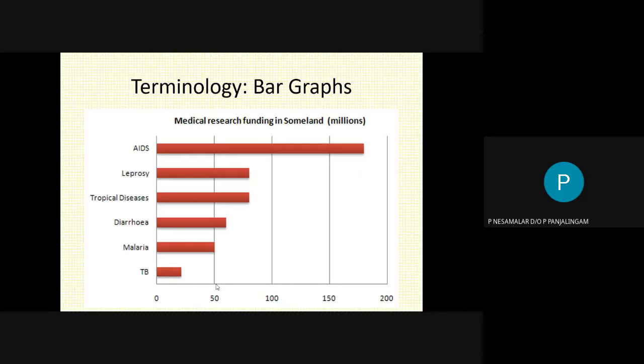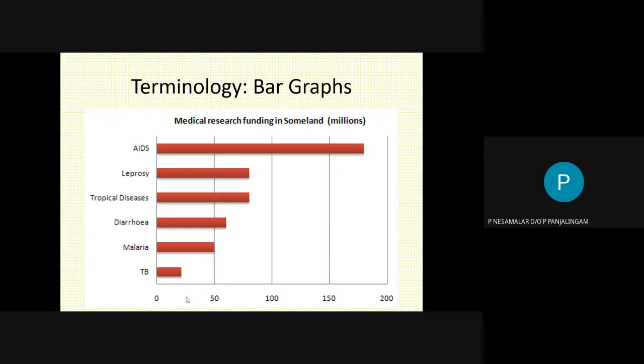If you just say 50 or 100, that would be inaccurate or wrong writing, and that will bring your grade down. So this is about medical research funding, so it must be to do with money. So let's take TB, which is about half between 0 and 50.